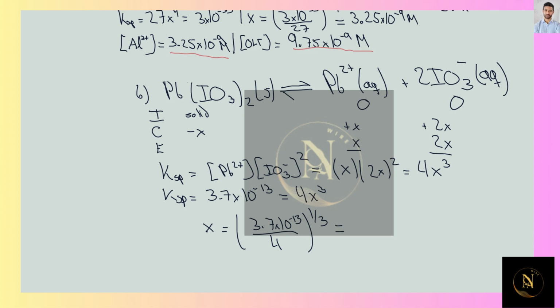So our value for x becomes 4.52 times 10 to the minus 5 molar.